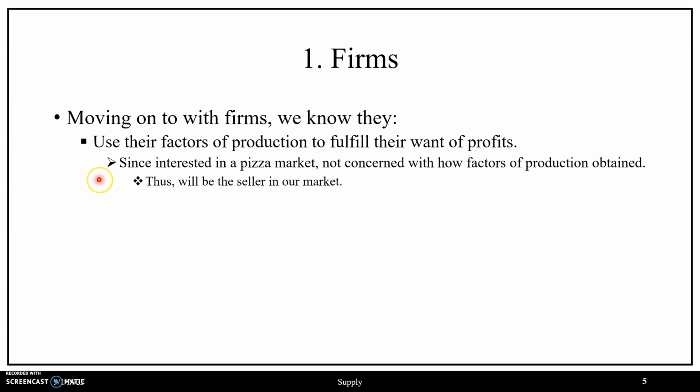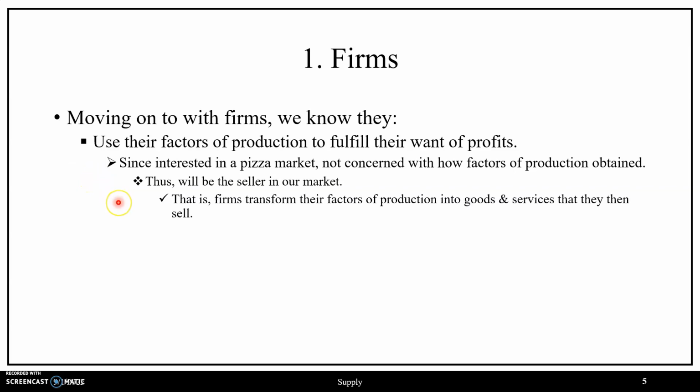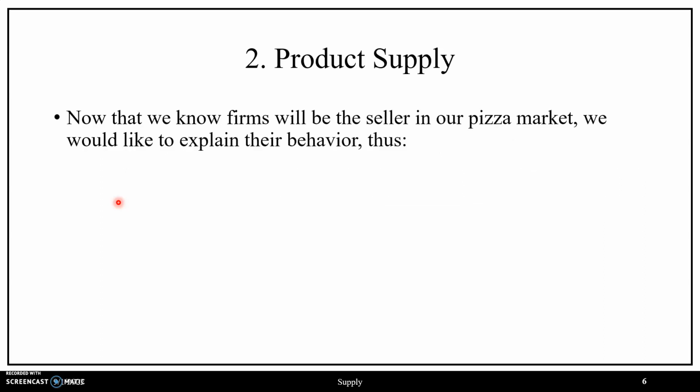This then means that the firms will be the seller in our market, in that they will transform their factors of production into goods and services that they can then sell, where the amount that they sell will be money coming into the company, and when they produce goods and services, there will be costs associated with that, which will be money flowing out of the company, or the difference between money flowing into the company versus money flowing out of the company will be their want of profits.